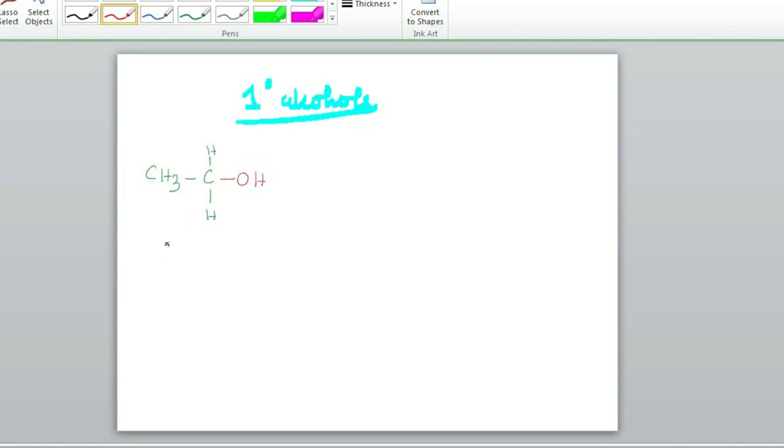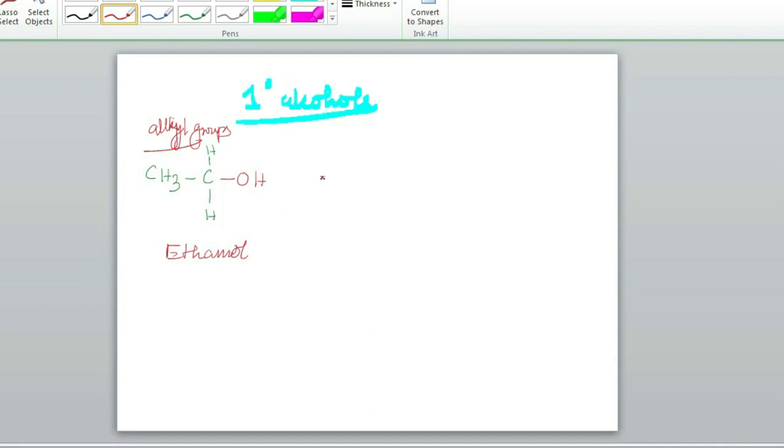This is called ethanol. This is the alkyl group present in sp3 hybridization. This is for alkyl groups.